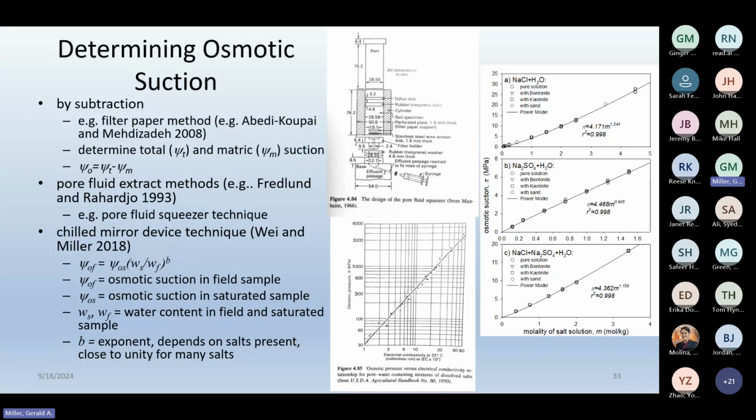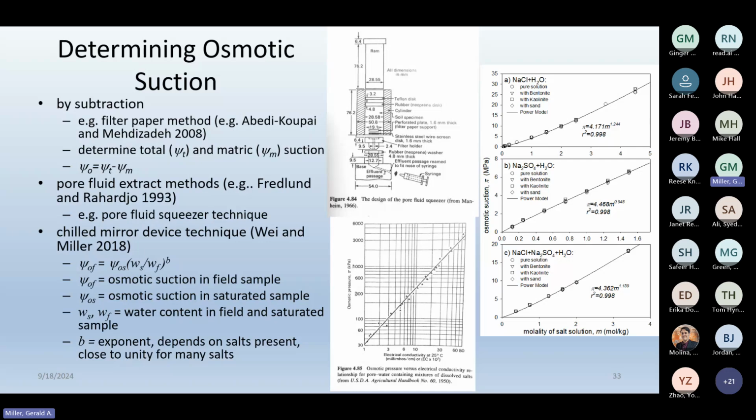There is a method called the pore fluid extract method, where you basically squeeze the pore fluid out of a soil sample, using this device here, and then you measure the osmotic component of that water. You measure essentially the molality, which you can relate to the osmotic suction.